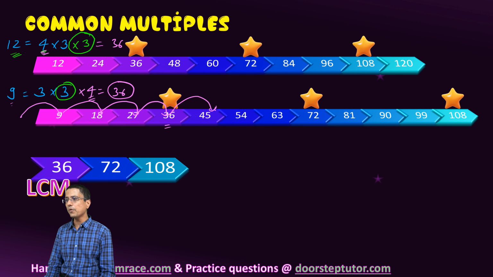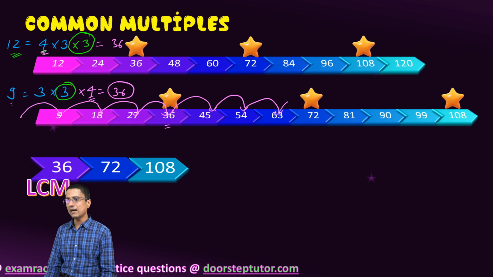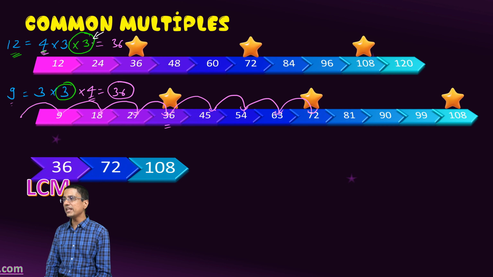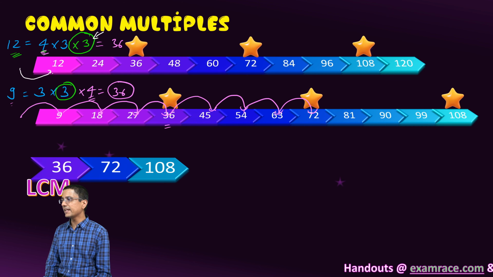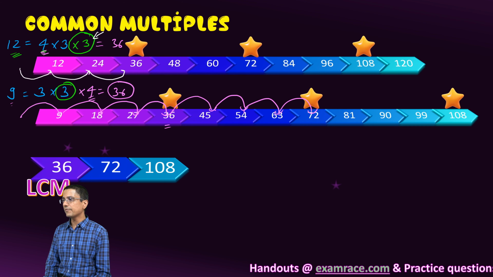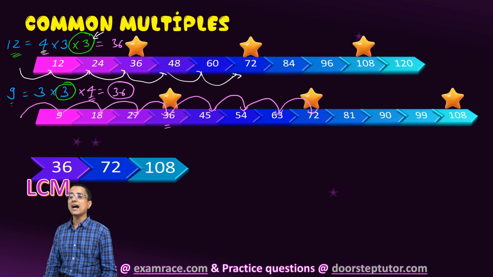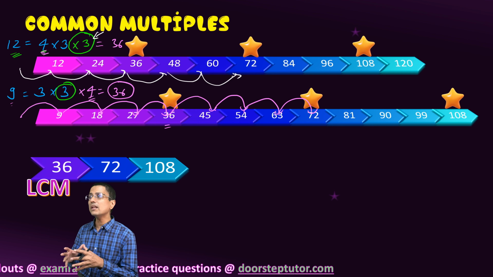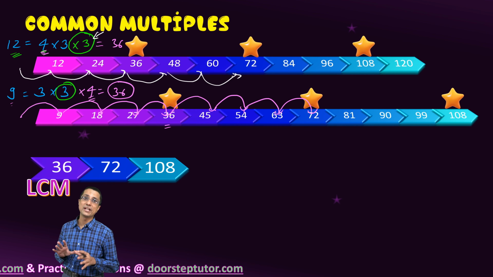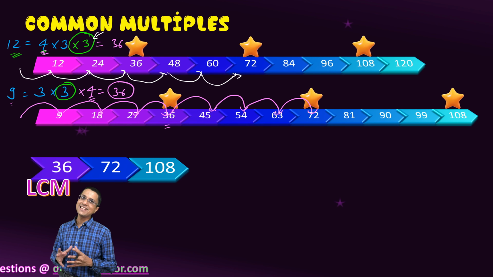So every 4th jump, I would get a number which is common to 12 as well as 9. Similarly, to produce this number 3, how do I do that? I take 3 jumps in the case of 12, and every 3rd jump, 1, 2 and 3, I would come across a multiple of 12 which is common to 9 as well. Very, very simple concept.